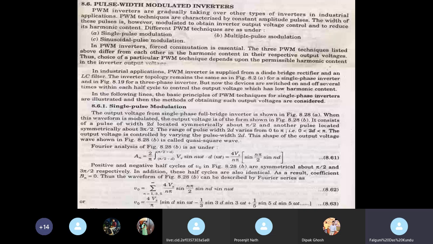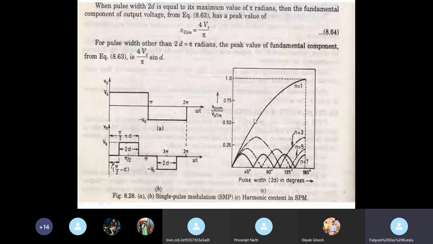Now what is the value of V0? We get this, okay? For N equals 1, and for the odd numbers, this is for 1, this is for 3, this is for 5, this is for 7, okay? So this type of curve is called the quasi square wave, okay?